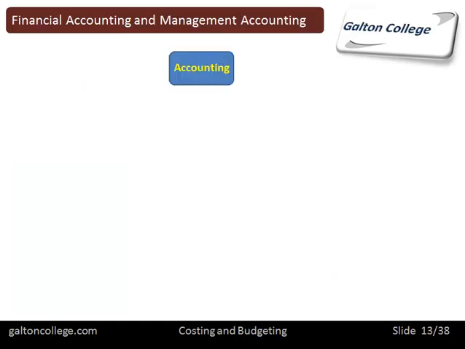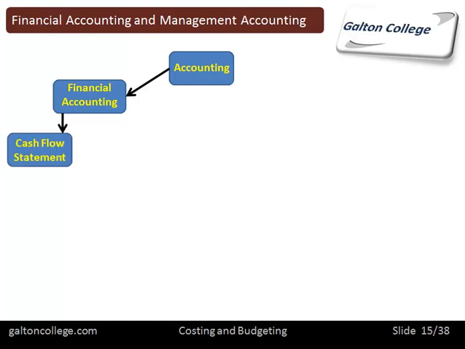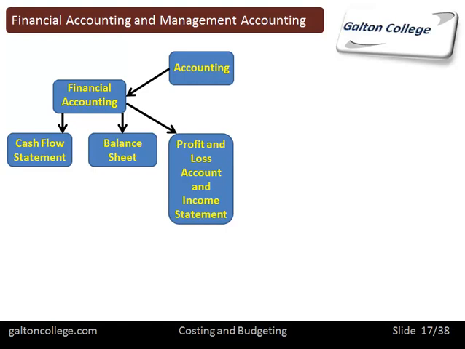So if we look at accountancy as one activity, then we can start to split it up into what it does in practice. So for example, we would see financial accountancy coming away from this broad heading, just say accounting. Financial accounting would come away from that. And this would look at areas like cash flow statements, like I mentioned earlier, but it'll also look at the balance sheet and the profit and loss account and look at income statements.